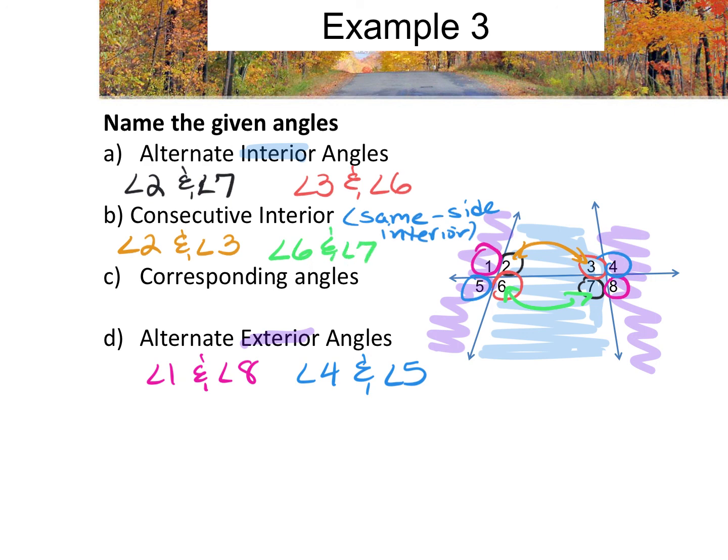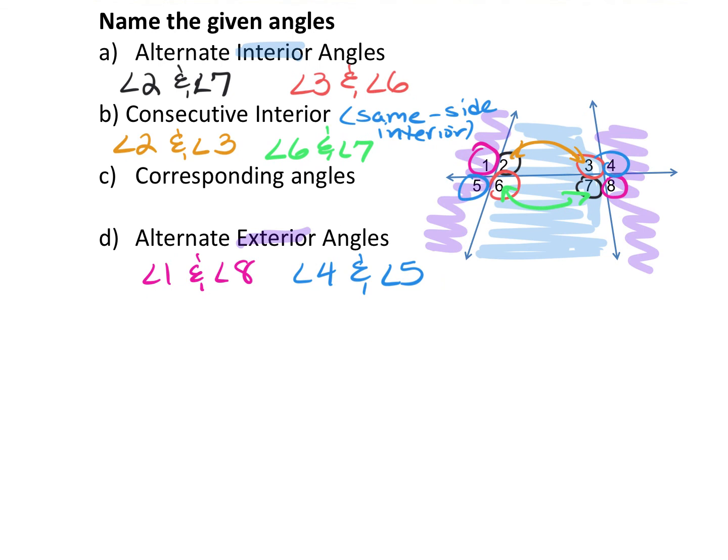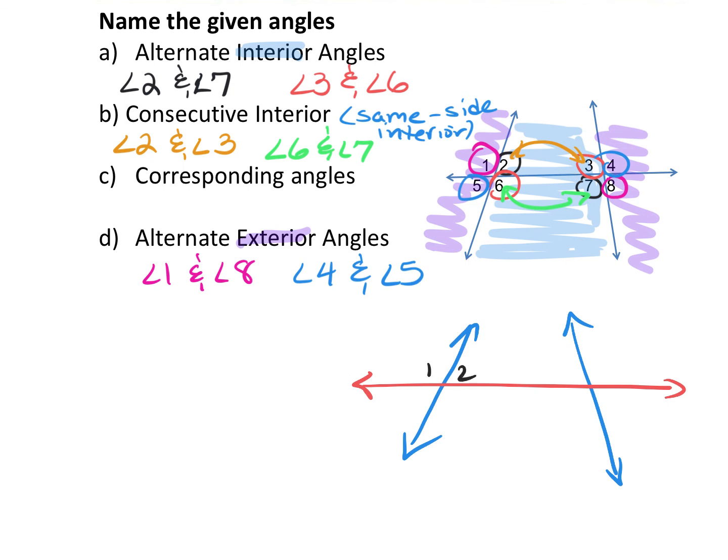And then lastly, corresponding, and I'm going to go ahead and redraw the picture so I can draw the box. So for part C, I'm going to draw a new figure. And then here is my transversal, and it's making my 8 angle pairs. So 1, 2, 3, 4, 5, 6, 7, 8.